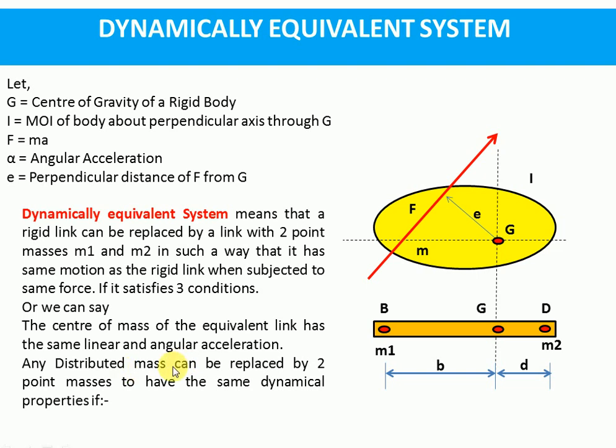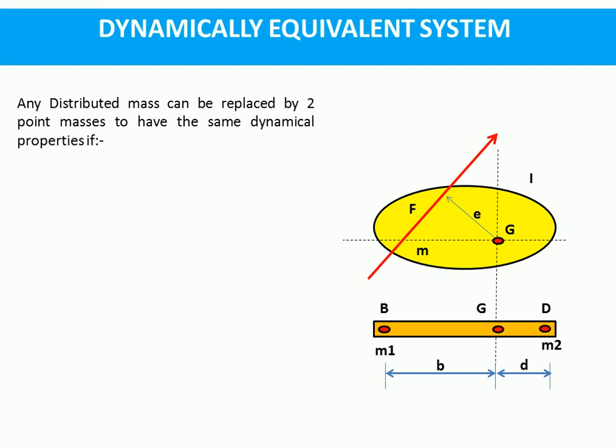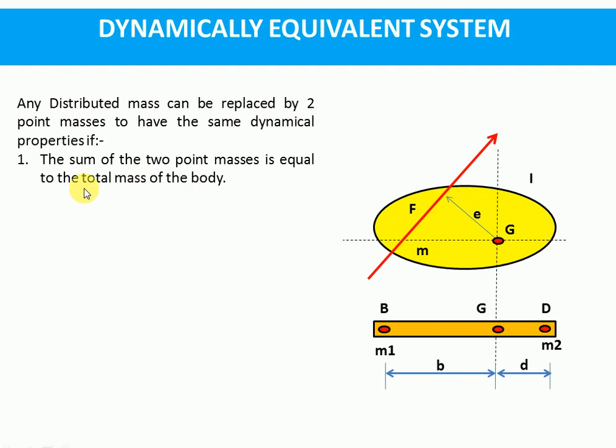Any distributed mass can be replaced by 2 point masses to have the same dynamical properties if, number 1, the sum of the 2 point masses is equal to the total mass of the body. That is, if the total mass of the body is m and the 2 point masses are m1 and m2, then m should be equal to m1 plus m2.